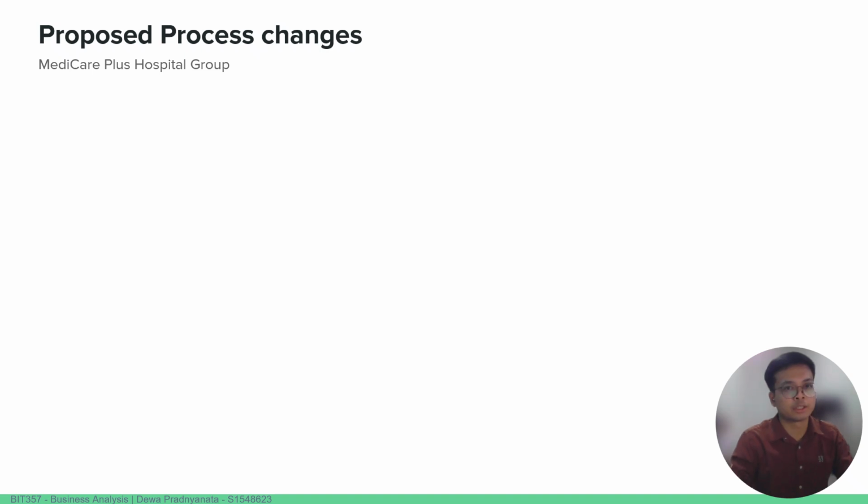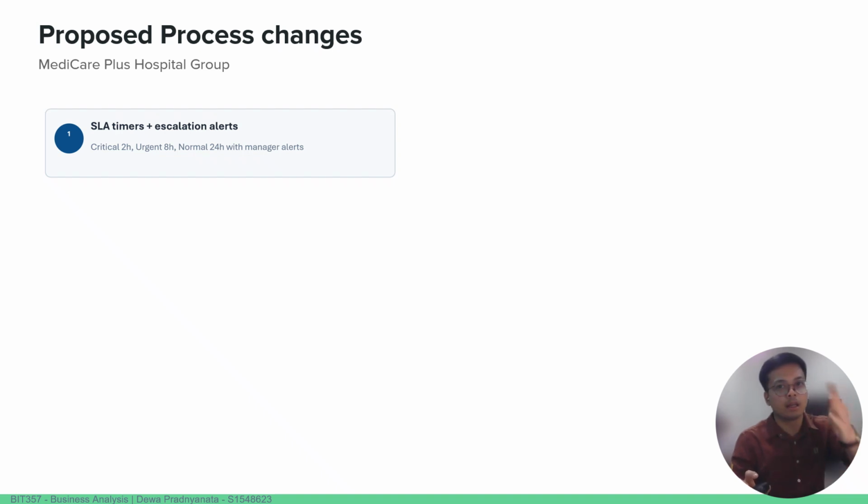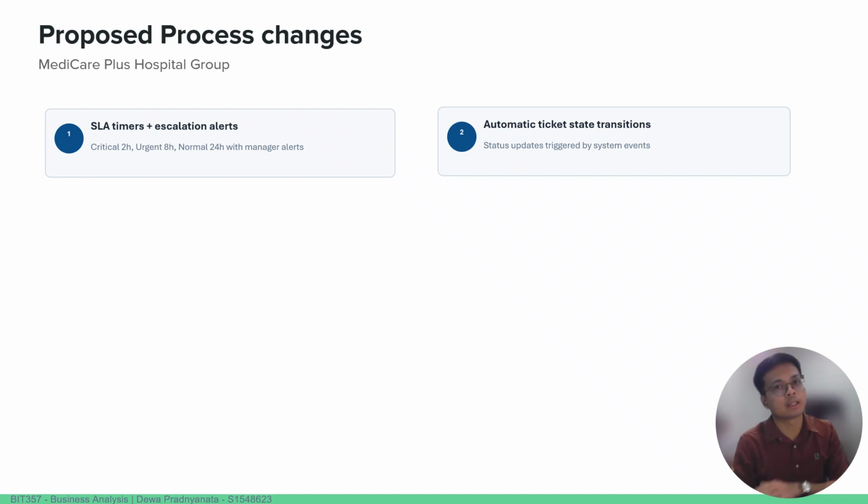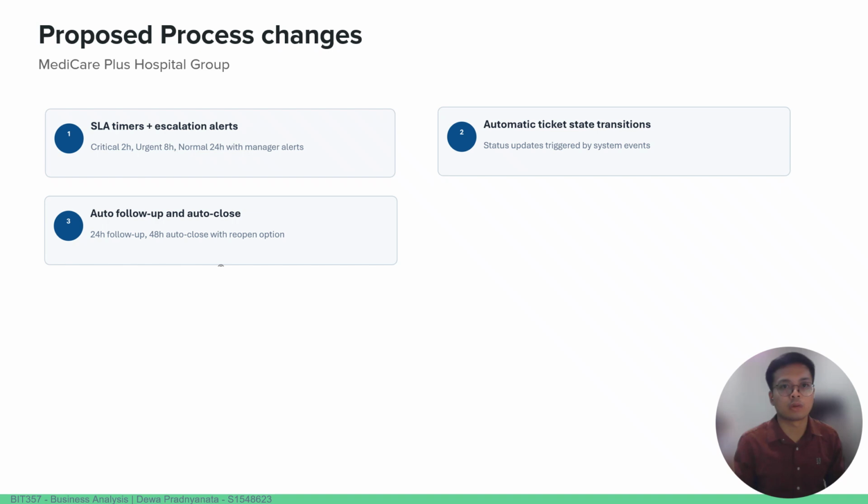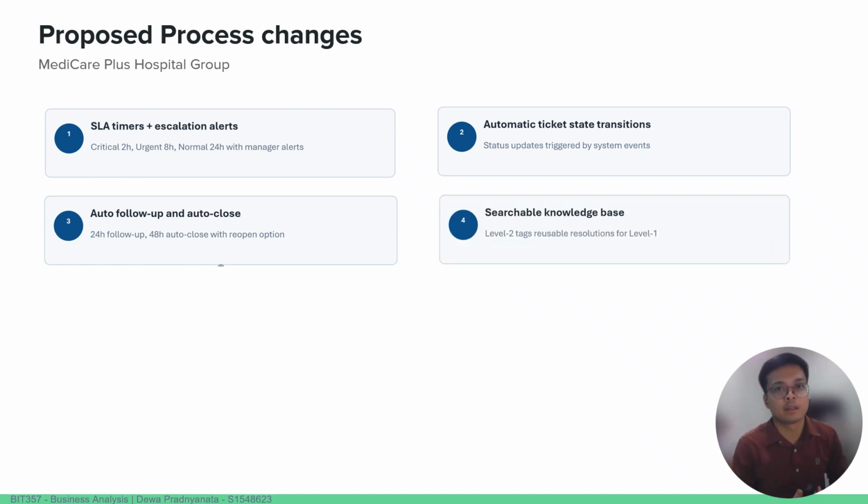Based on the issue register, I propose 7 process improvements. The first one is SLA timers and escalation alerts should be introduced with different targets for critical, urgent and normal tickets. The second one is the ticket status should be updated automatically when system events occur. Third, the system should send a 24-hour follow-up and auto close after 48 hours if there is no response, while still allowing reopening.